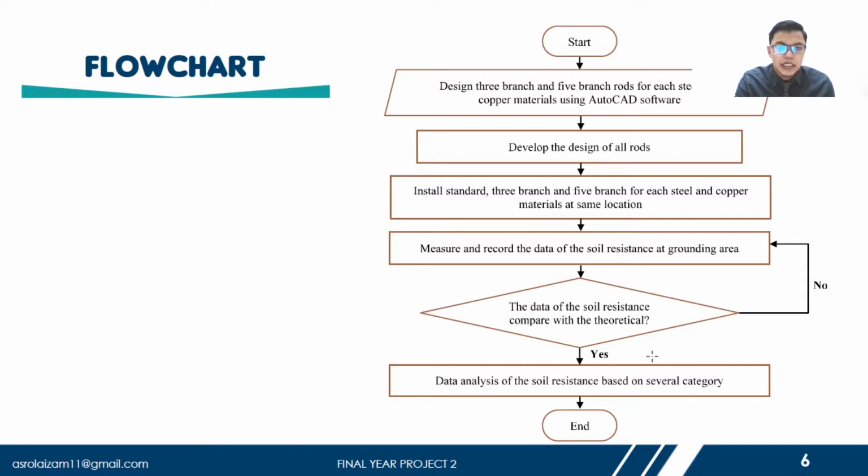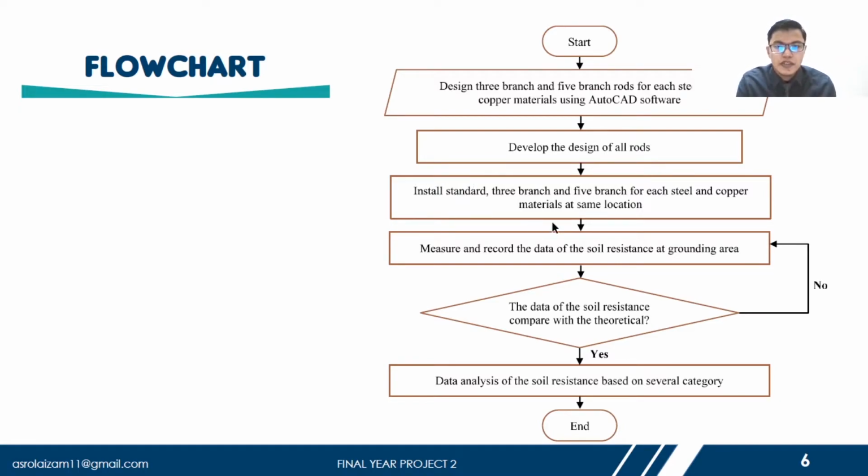So my flowchart will be like this. We start the project with the design of the road, which is the standard, 3 and 5 branch road, and develop all the designs.